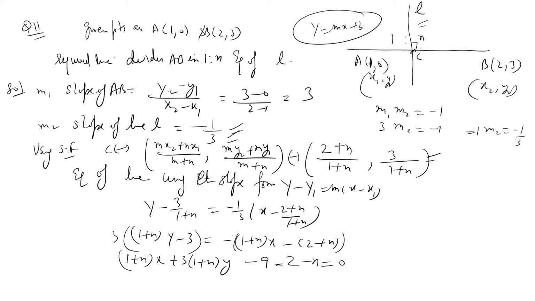So just let me know what is the equation. n plus 1 times x, let us make it systematic, plus 3 times n plus 1 times y, and then minus n plus 11 is equal to 0.